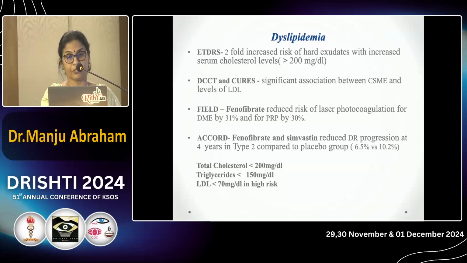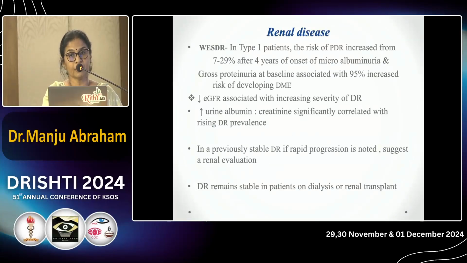Now, coming to renal disease, in a prospective study done in type 1 patients, the risk of PDR increased from 7% to 24% after 4 years of onset of microalbuminuria. The study also showed that gross proteinuria at baseline is associated with a 95% increased risk of DME.